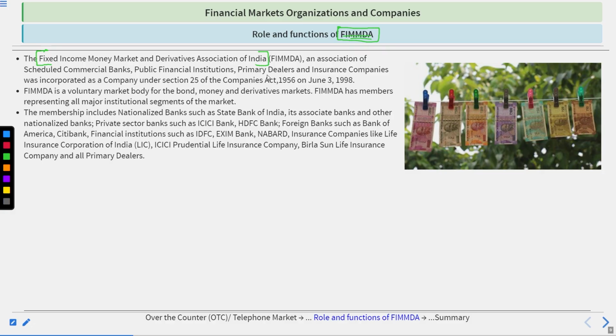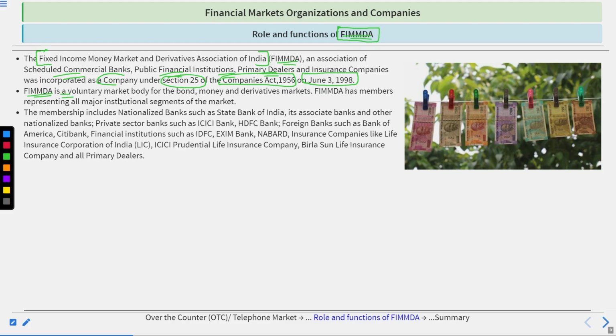Again, I'm repeating: Fixed Income Money Market and Derivatives Association of India, or FIMDA in short. It is an association of scheduled commercial banks, public financial institutions, primary dealers, and insurance companies, and was incorporated as a company under Section 25 of the Companies Act 1956 on 3 June 1998.